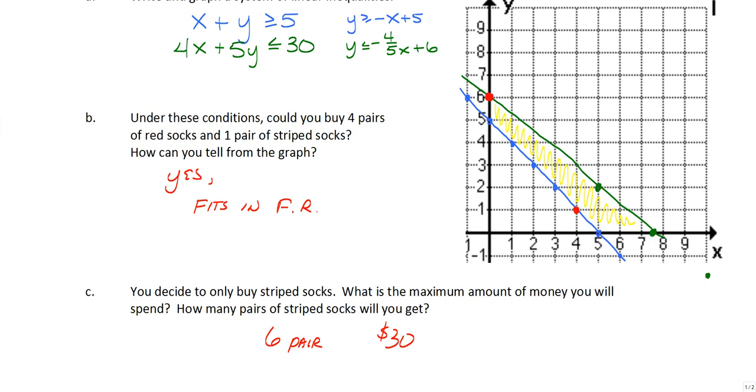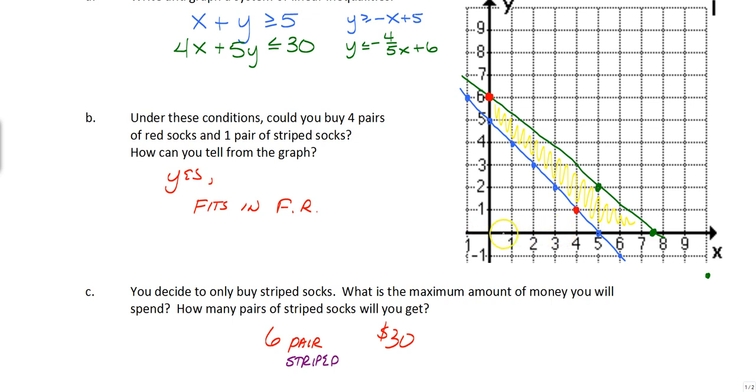Now I want to flip the script on you on this problem. If you were only going to buy red socks, how many could you buy? So let's think about that.